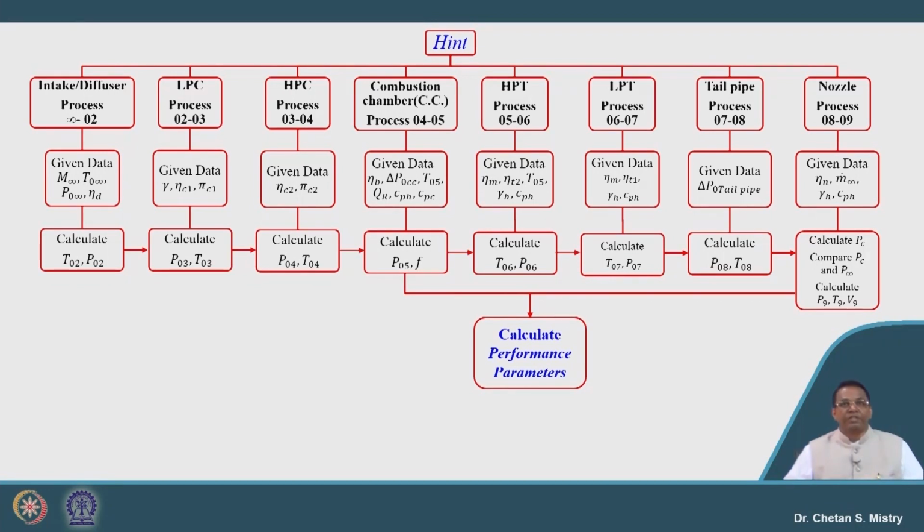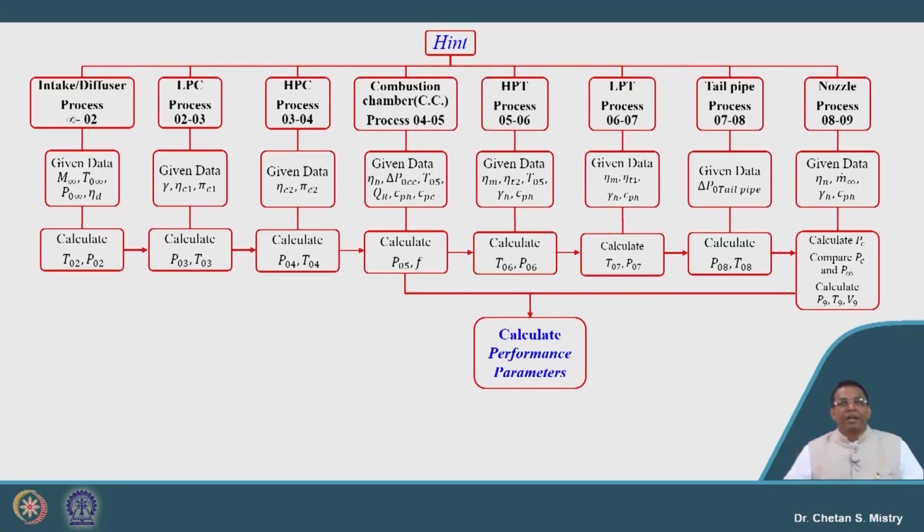With this information we calculated the exit condition of the HP turbine, that is T06 and P06. This information was transferred to the LP turbine, where we calculated the exit pressure and temperature.